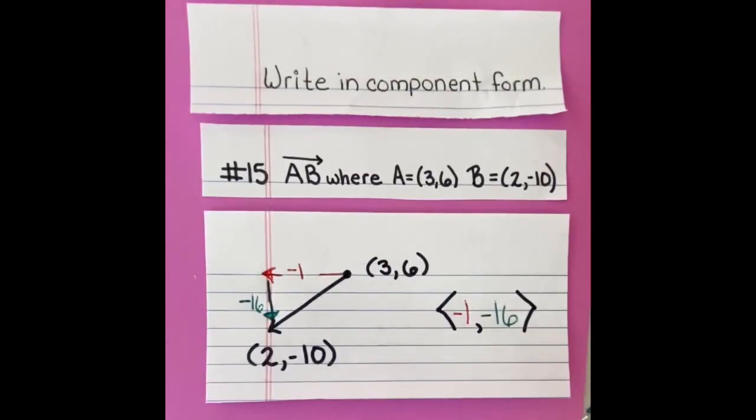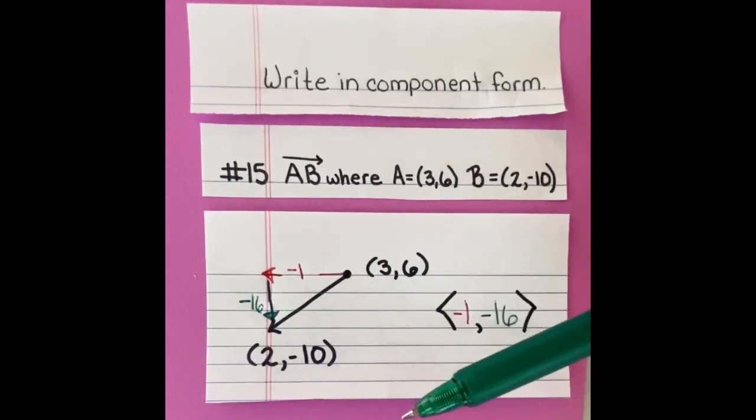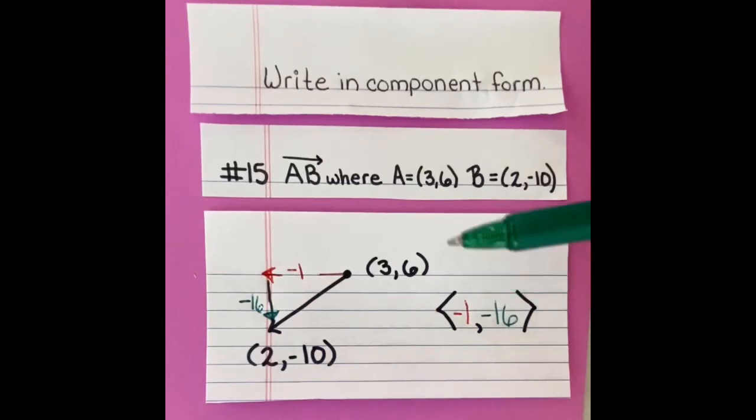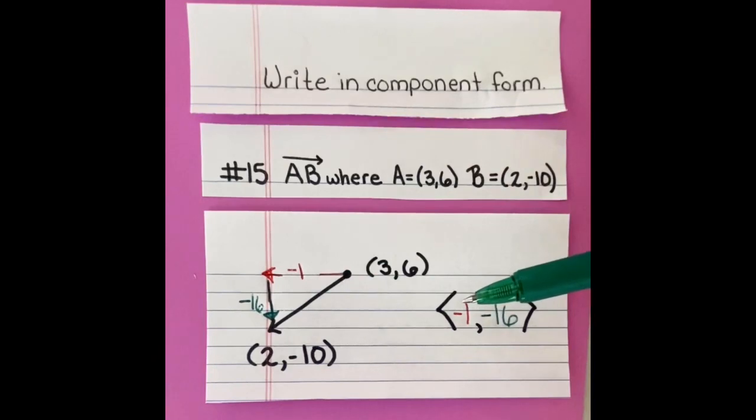I want to write vector AB in component form, so I sketched the vector, plotting the points (3, 6) and (2, -10). With a vector, we always move from the tail to the head, and the number in front tells me how much I need to move right or left, and the number at the end is how much I need to move up or down.